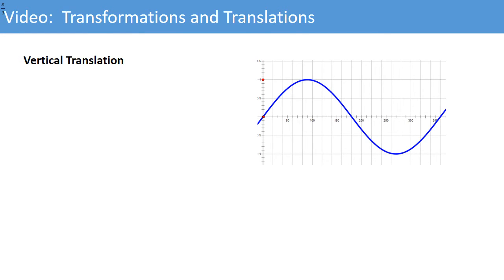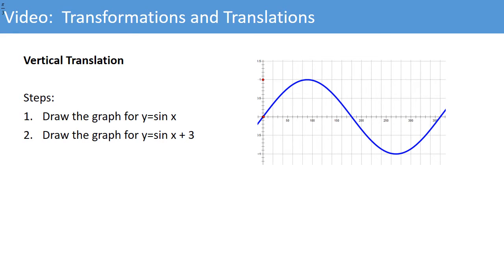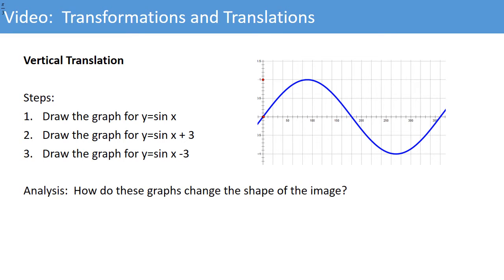This is our default, but now we're going to apply a vertical translation by adding a C value of +3. Then we're going to look at the graph where we apply a vertical translation of -3. How do these graphs change the shape of the image? That's what we need to find out.